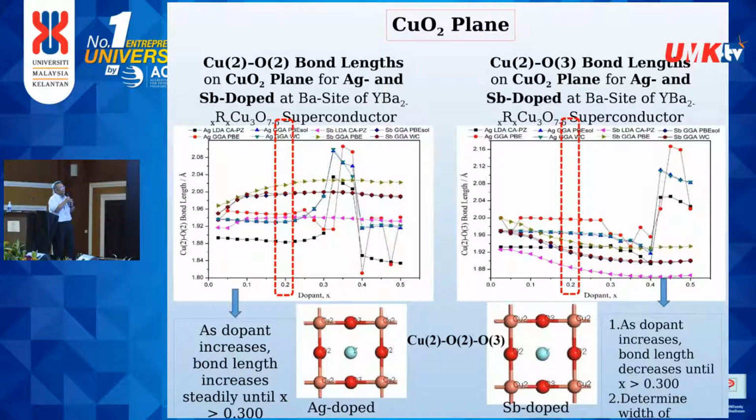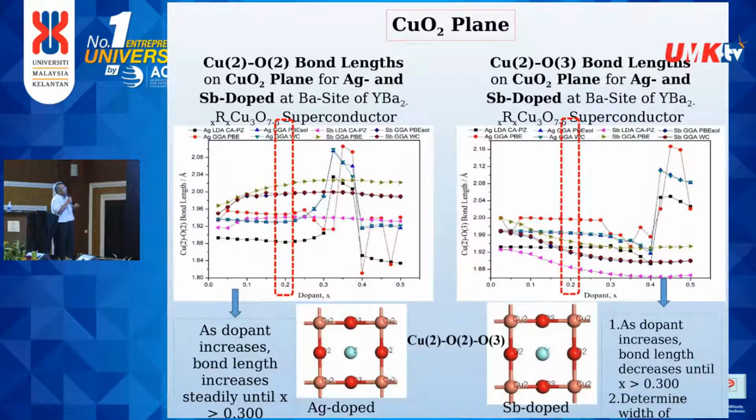And for Cu2O3, bond lengths on the CuO2 plane for silver and antimony dope at the barium site of YBCO superconductor, for antimony, as dopant increases, bond length decreases until x is larger than 0.3. So it determines the width of the crystal structure, right?